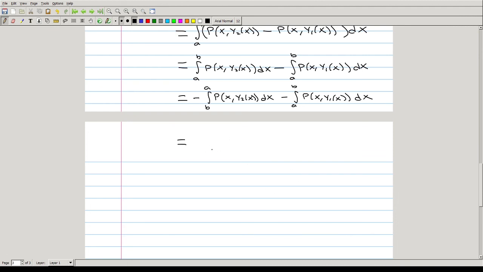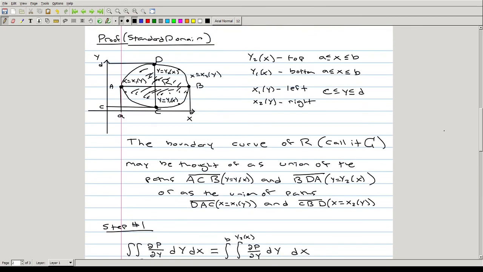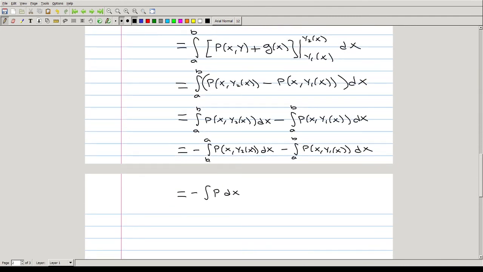And this is equal to now negative times the line integral of p dx from b to a, going over this path right here, so going along y2. This is saying go from b to a, where x goes from b to a and y is y2 of x. That's just that top path.